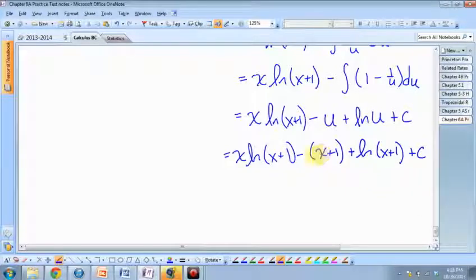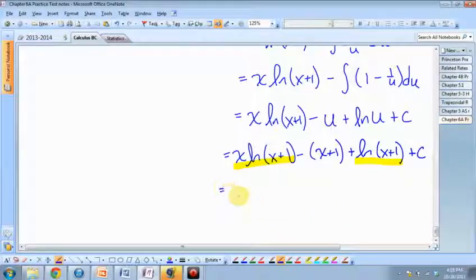All right, we're not quite done yet. Notice, no, we're done with integrating. These two terms here we can combine and factor out natural log of x plus 1.